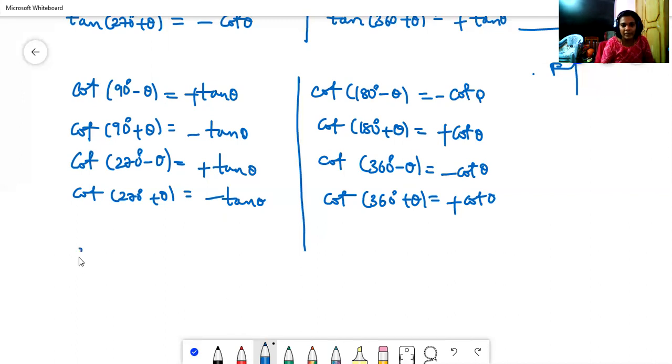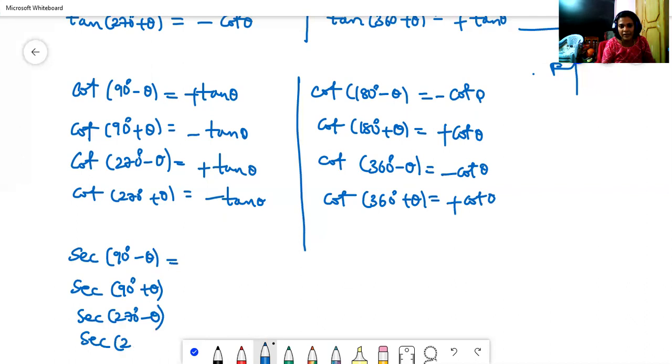The same for sec: sec 90 degrees minus theta, sec 90 degrees plus theta, sec 270 degrees minus theta, sec 270 degrees plus theta.